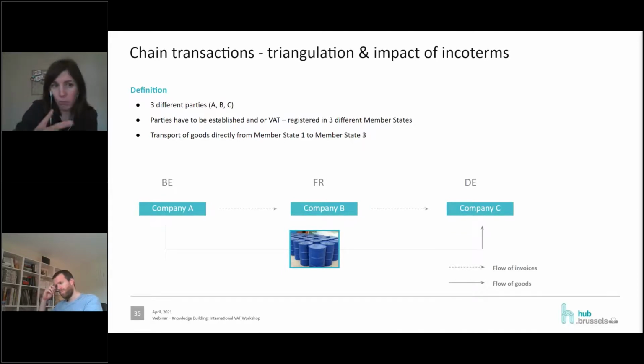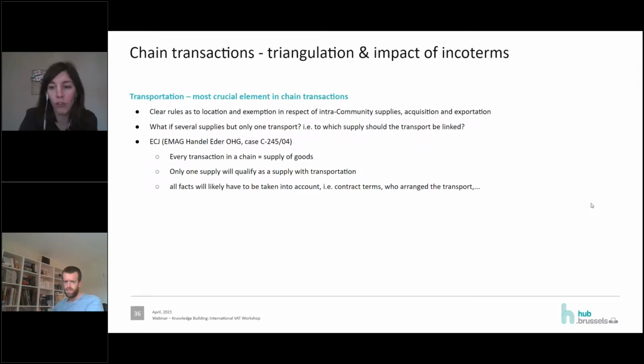And meaning, as Quentin mentioned, if you only have one intra-community transport, you only have one transaction which benefits from the exemption for intra-community supplies. So in that respect, the allocation of the transport is very, very key in that process.